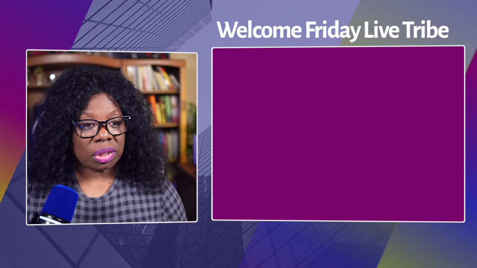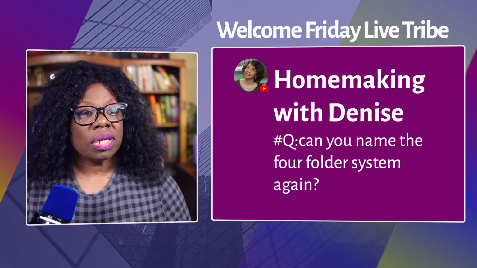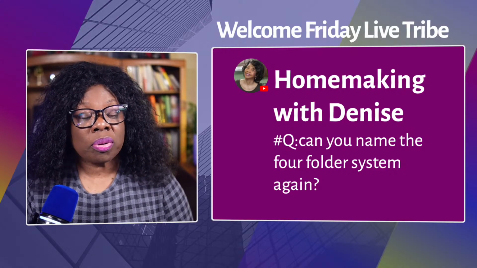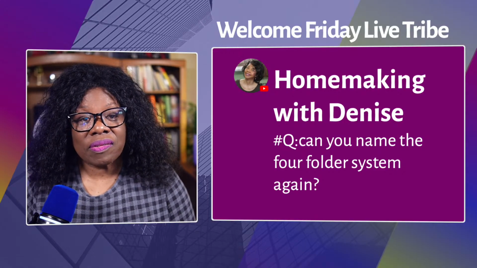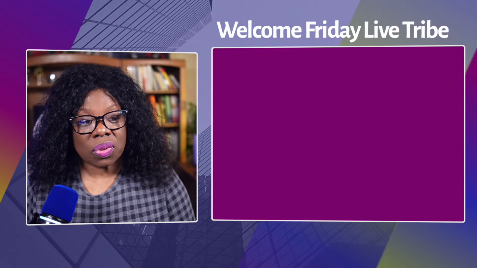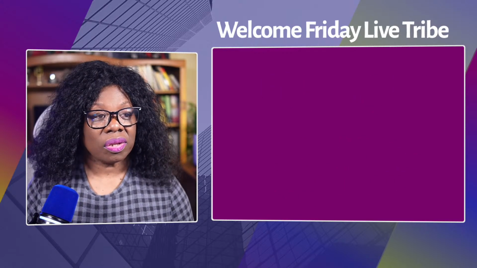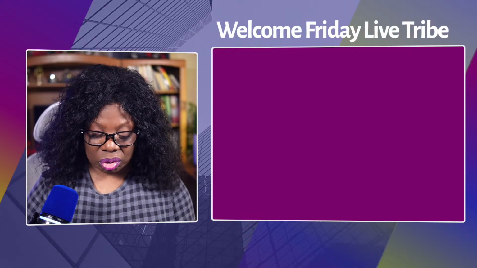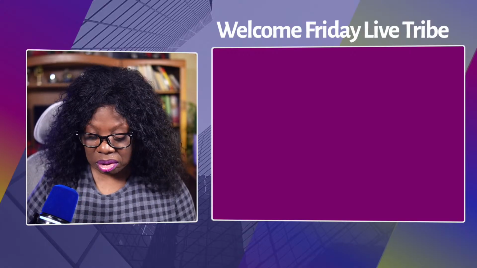Okay. So Denise asked a question here. Her question is, can you name the 4 folder system again? Yes, PARA: projects, areas of focus, resources, and archive. I'll drop it in chat for you.